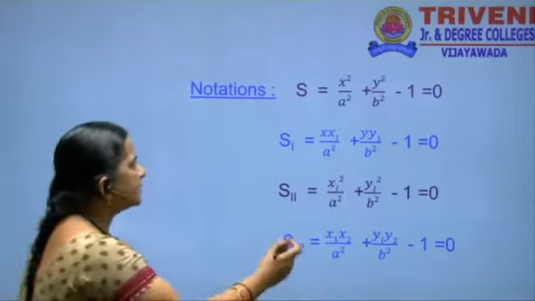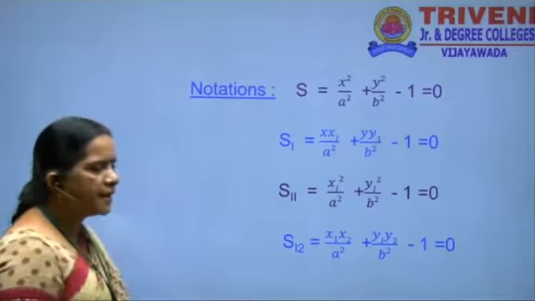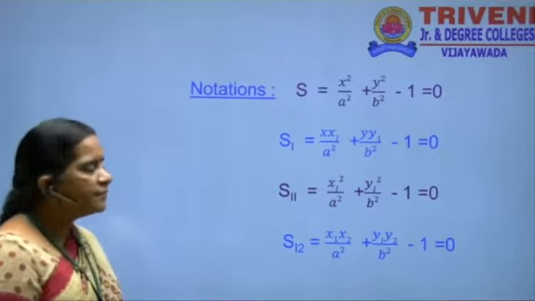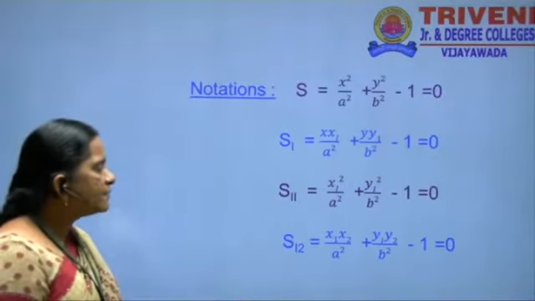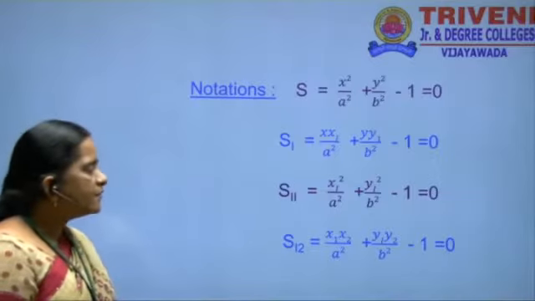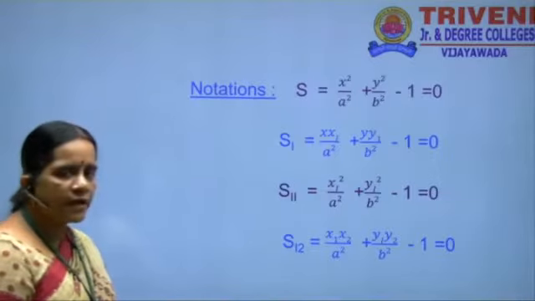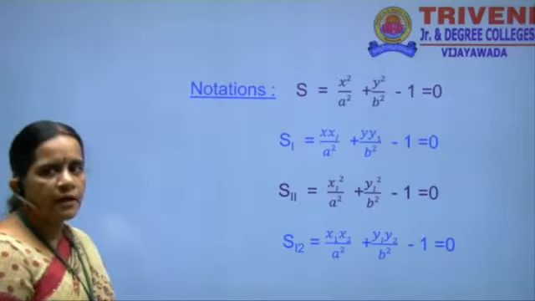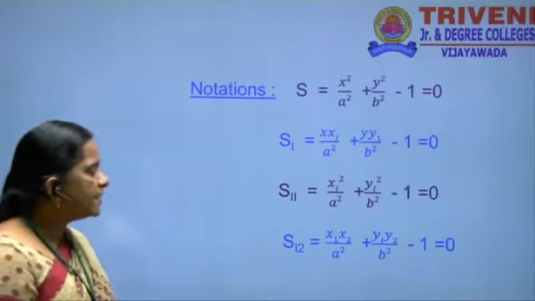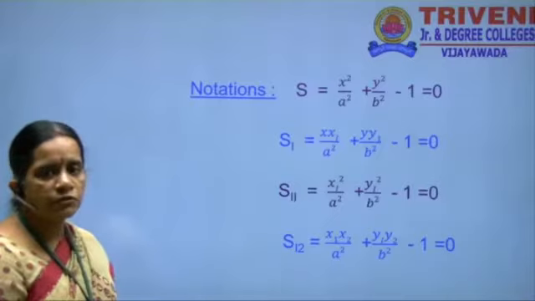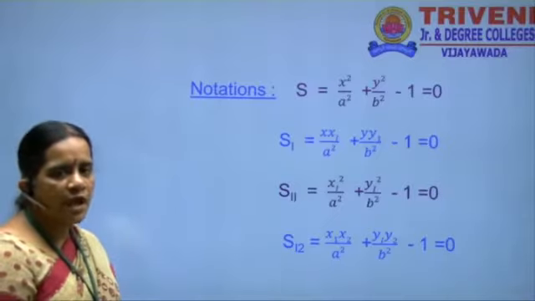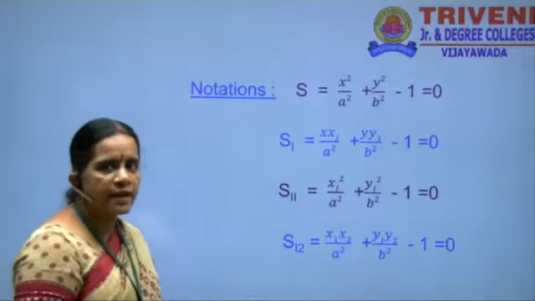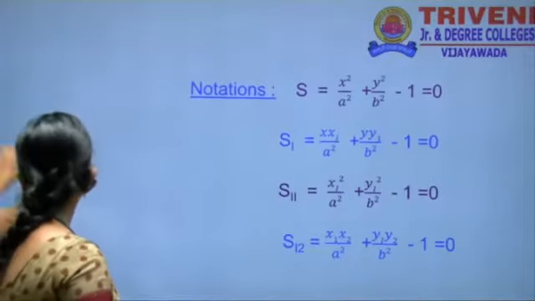S11 can be written as x1 squared by a squared plus y1 squared by b squared minus 1 equals 0. S12 is x1 x2 by a squared plus y1 y2 by b squared minus 1 equals 0. These notations we have to remember for doing the problems.